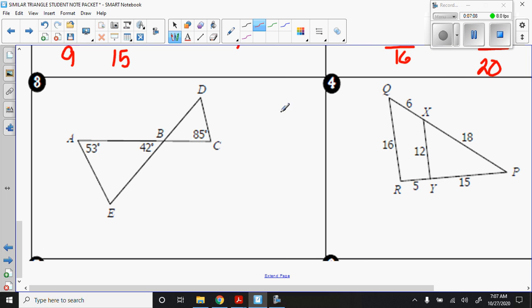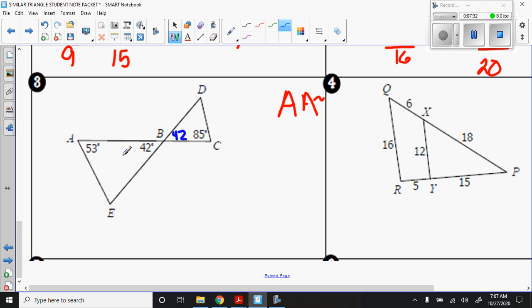All right, so I got some angles in here. I'm only checking to see if I have 2 congruent angles. That is it. Okay, so I see an 85 over here, 42, 53. Everybody watching this video should know I now have 2 42s because of the vertical angle. So if I see this as 85, I do have 2 85s and 2 42s.